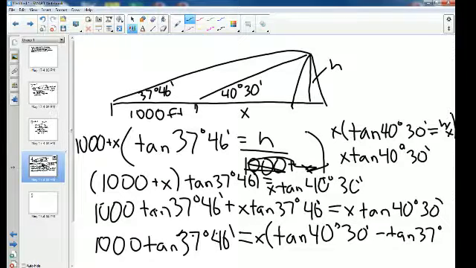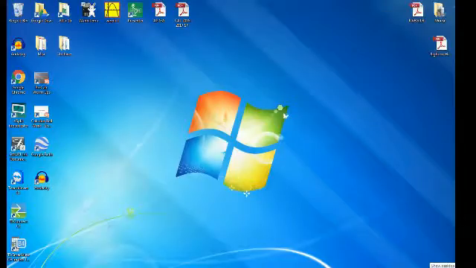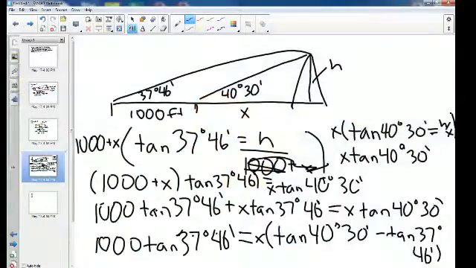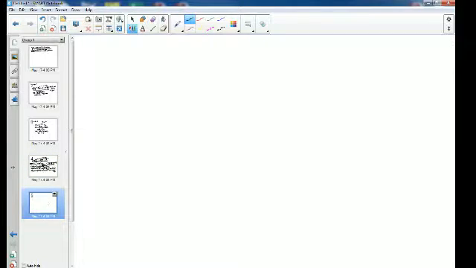I'm just going to go on to below this. So I'm running out of room, so I'm going to go to the next page to continue this.